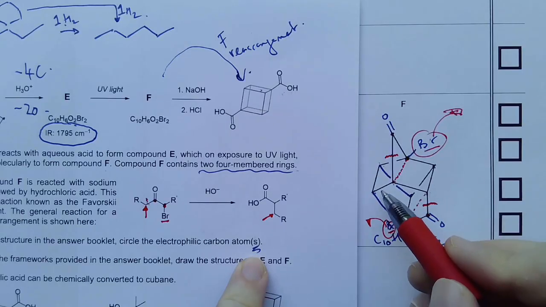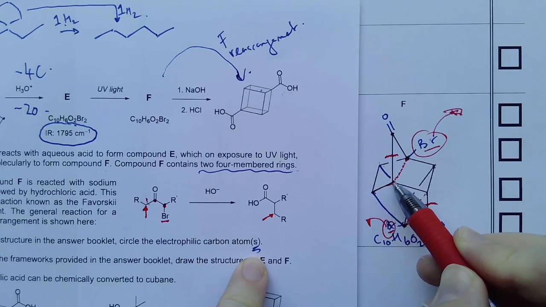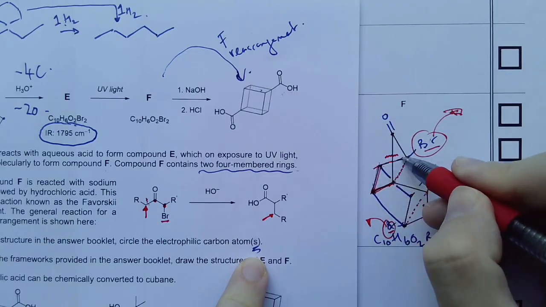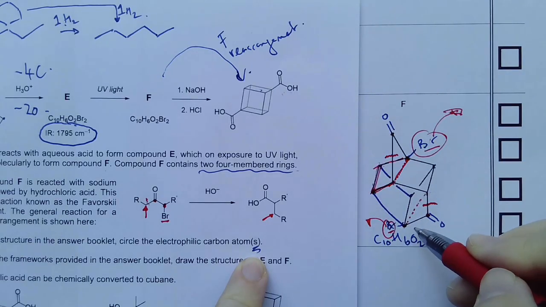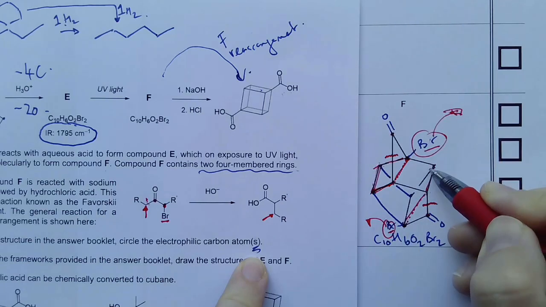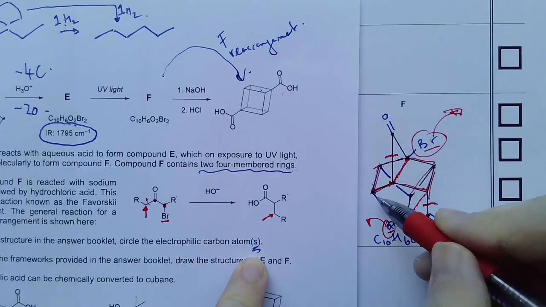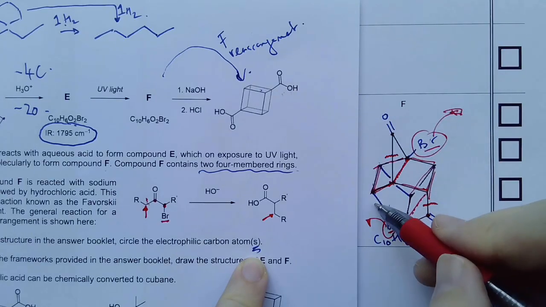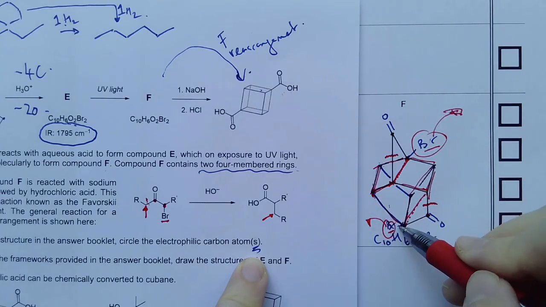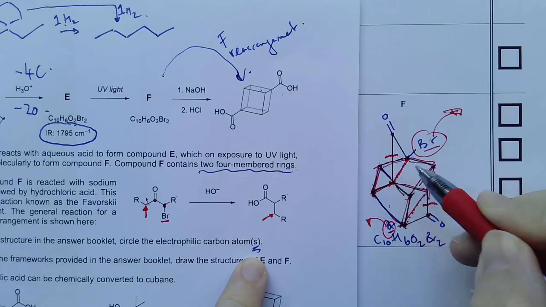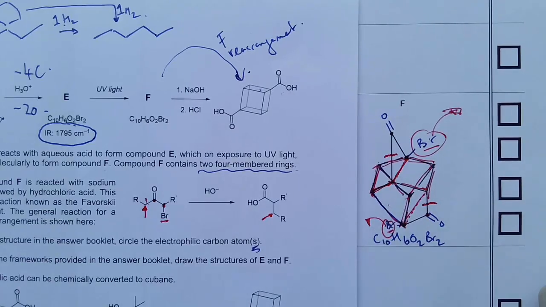And you can see that what that does is it makes a new four-membered ring. 1, 2, 3, 4. A new one down here. 1, 2, 3, 4. And then my original ones that I already had, 1, 2, 3, 4, and 1, 2, 3, 4. So now it's all 4-membered rings, which is exactly what I need for cubane.